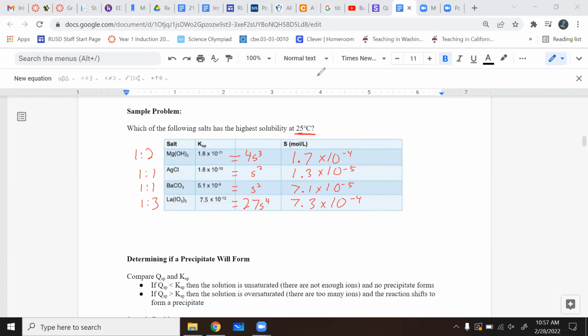Immediately, both of our 10 to the negative fifths are out because 10 to the negative fifth is a smaller number. Then we get these 2 negative fourth values. This one is the highest value, indicating that the most amount of this particular salt can dissolve in 1 liter of solution at 25 degrees Celsius. This would be an example of a multiple choice style question that they might give you on the AP exam, just wanting you to compare these S values to one another real quick and pick out your most soluble salt.